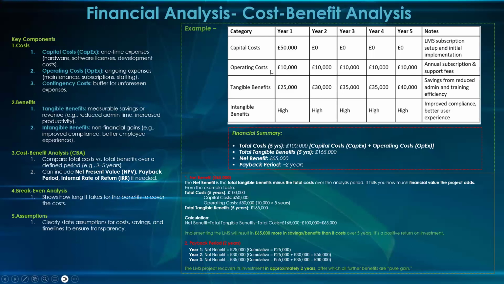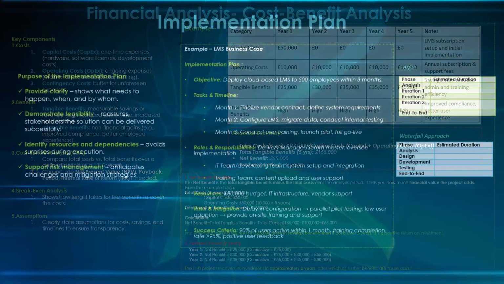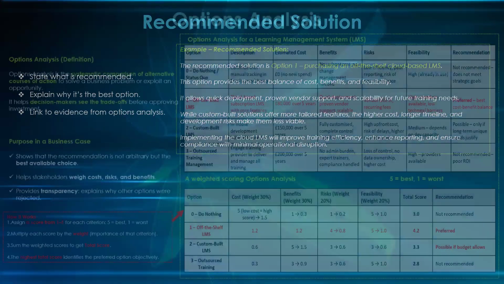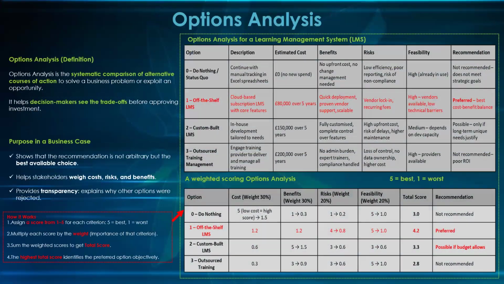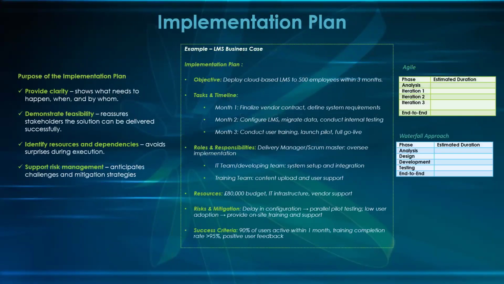So operating cost is now the total cost across 5 years. Let me take us back here. Remember when we were here, we talked about 3 months.